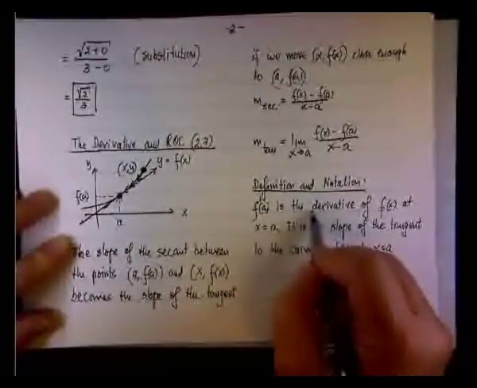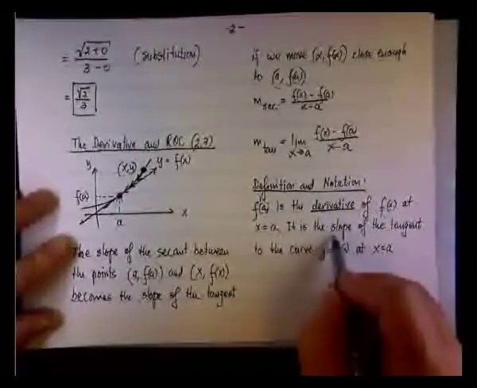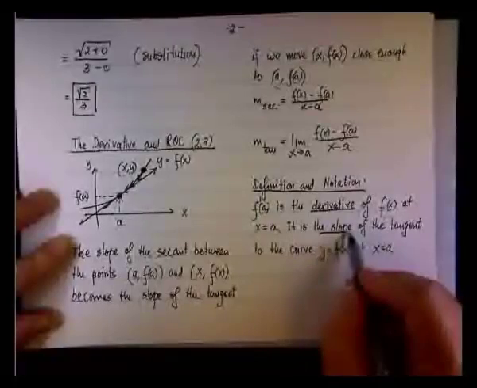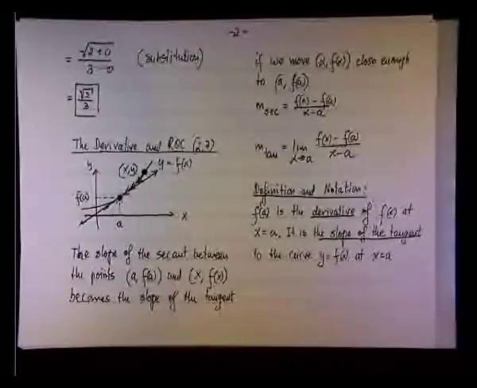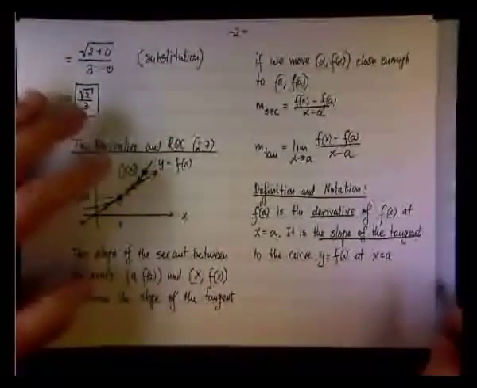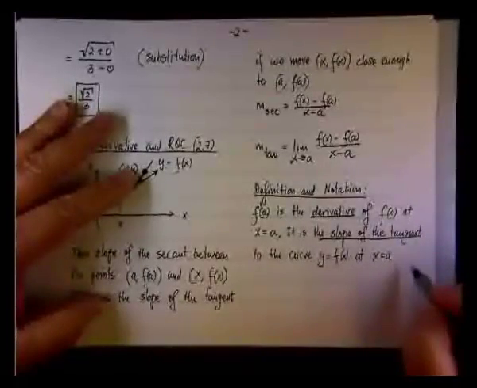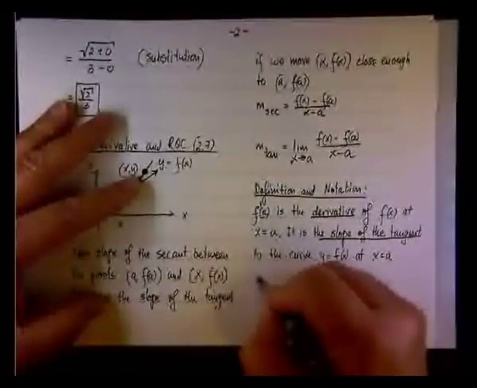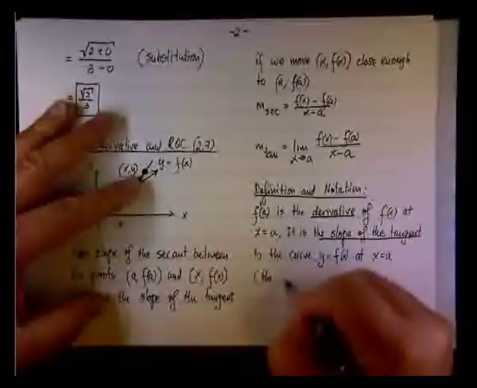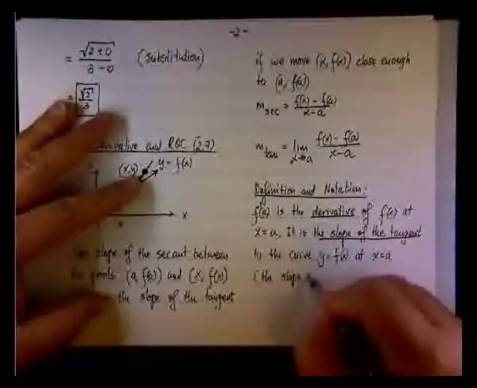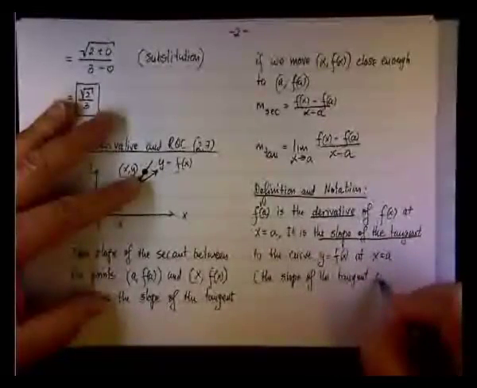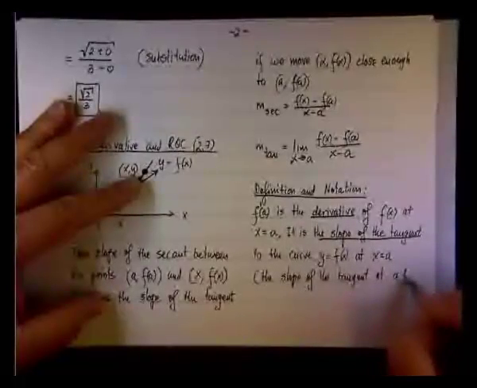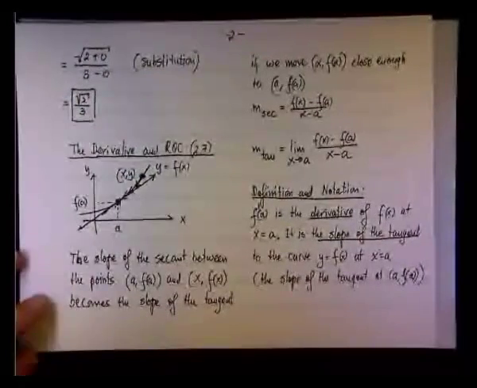Okay, so the derivative is the slope of the tangent at x equal a, or the point, so we can write in parentheses the slope of the tangent at (a, f of a). Okay?